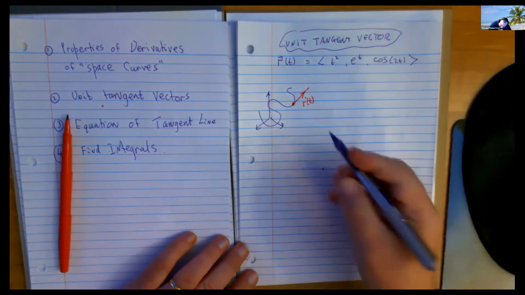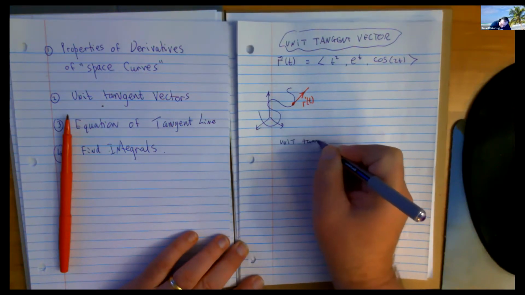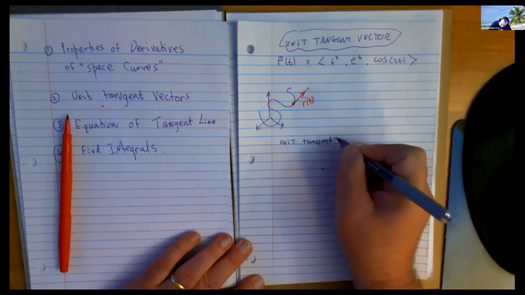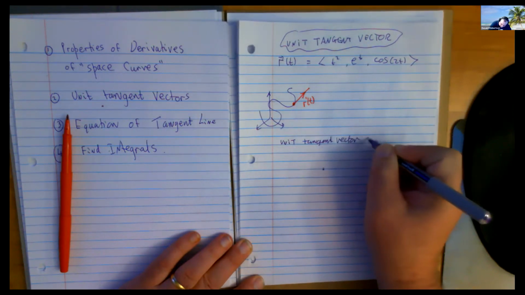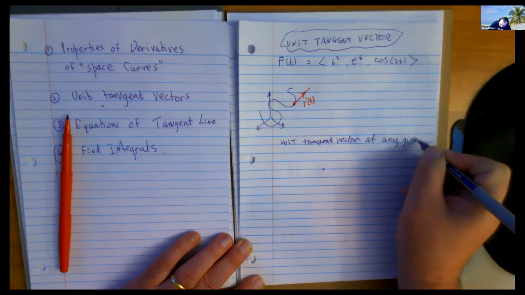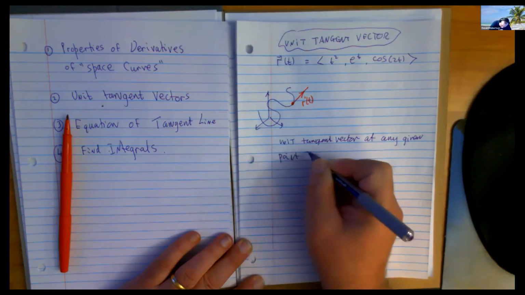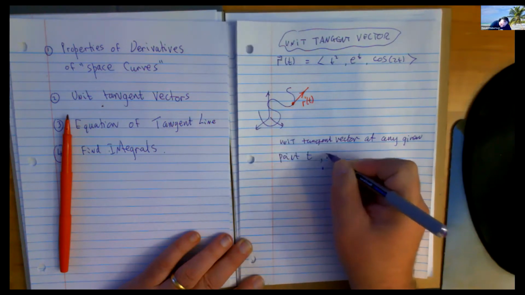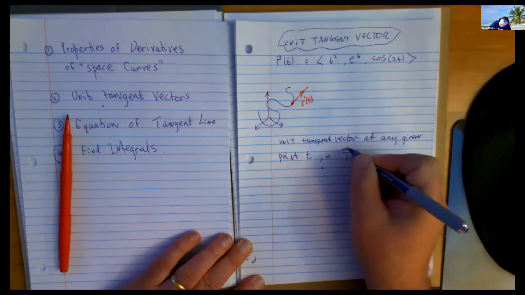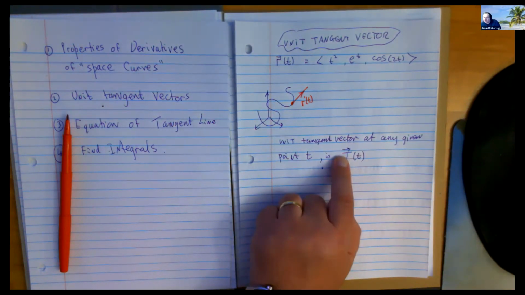So the unit tangent vector at any given point t is given by this formula. Capital T to mean unit tangent vector.